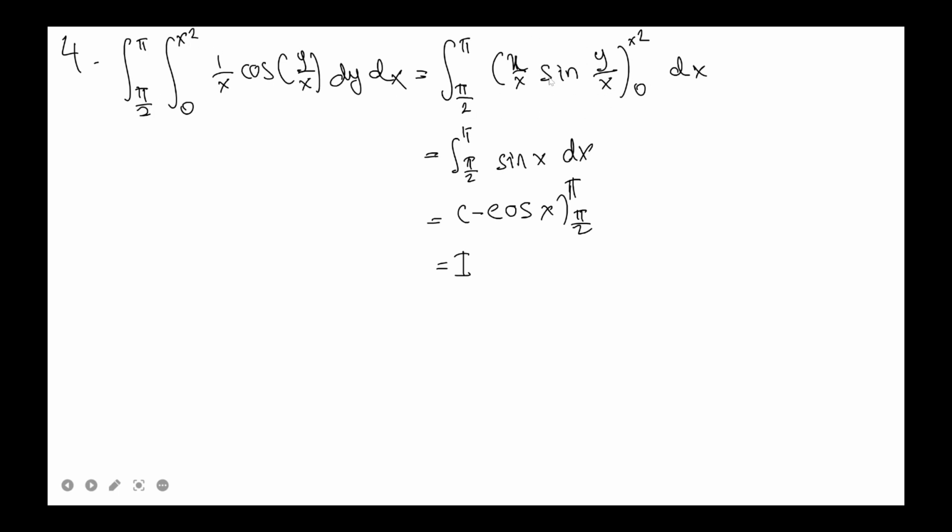We have sine of x times y, and the 1 over x will become x, divided by x, so we get 1. Then we integrate sine of x with respect to x from pi over 2 to pi. We get negative cosine x. Substitute the boundaries and we get 1. The answer is 1.